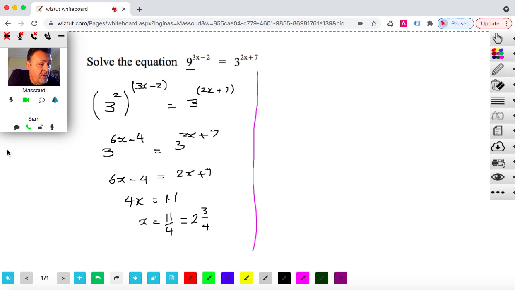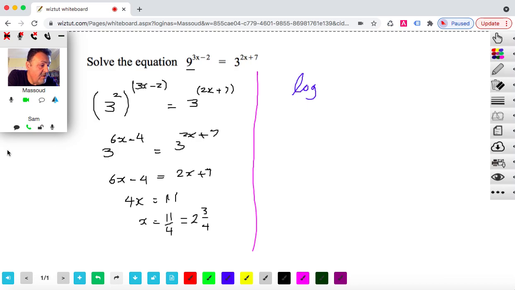So I will apply the single log to either side of the equation. Let's do it in a different color. So I would get log, this is log to the base 10, but I am not going to write the base 10 because when it's not written, it is log base 10.